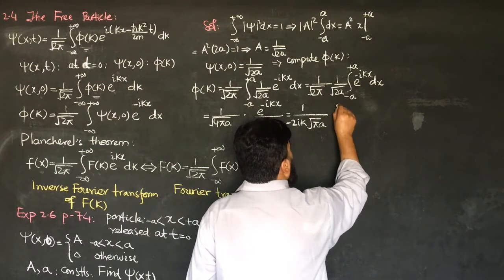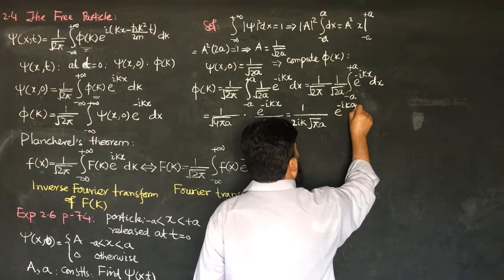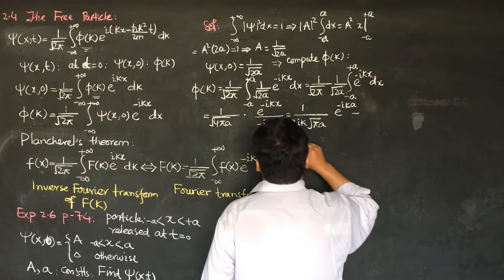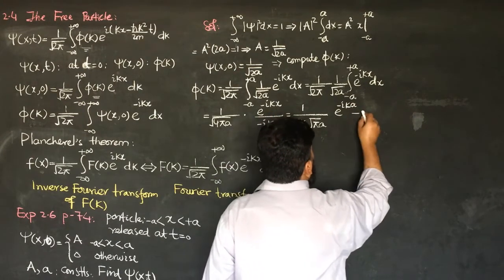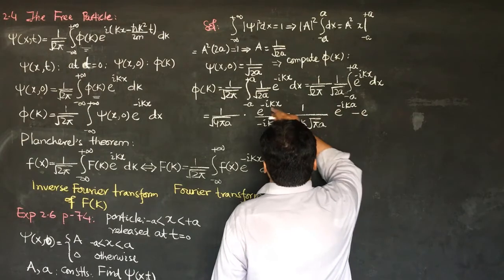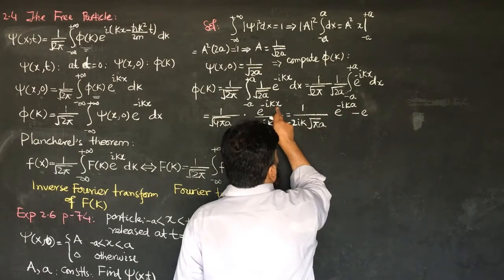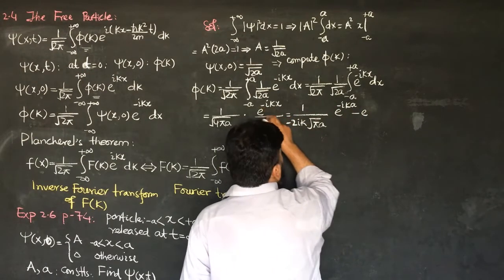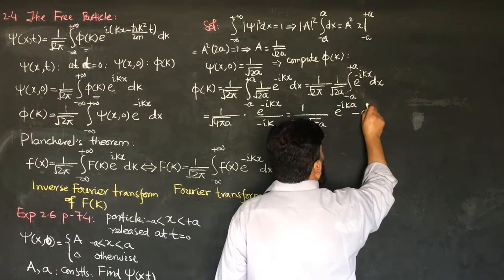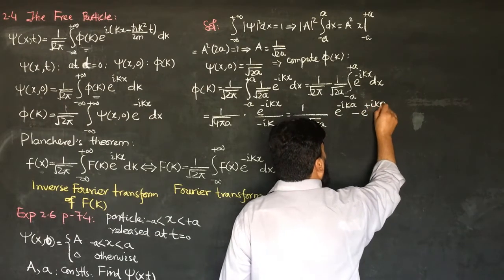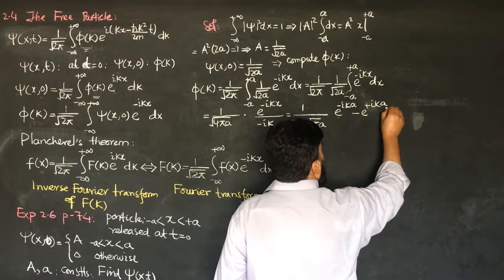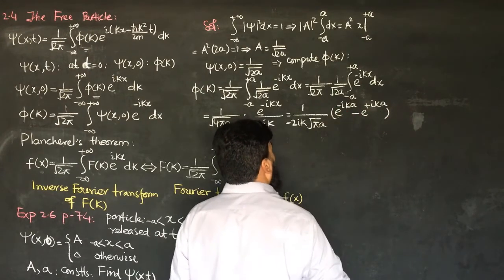So we will have e to the minus i k a, and minus e when x will be equal to minus a, so minus a minus a will become plus i k a. These will be the limits.